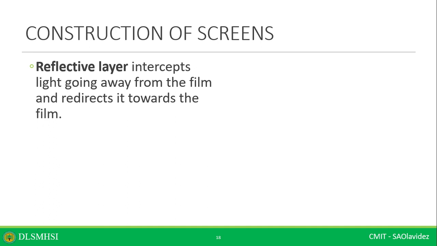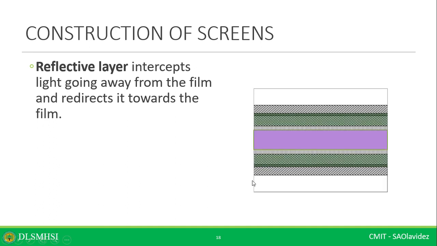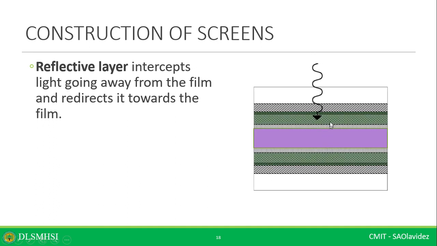Reflective layer intercepts light going away from the film and redirects it towards the film. When X-ray photons interact with the phosphor crystal, they will be absorbed, and in return, the phosphor crystal will emit light in all directions. There are some light photons that will be emitted towards the X-ray film, but there are also some light photons that will be emitted traveling away from the X-ray film.